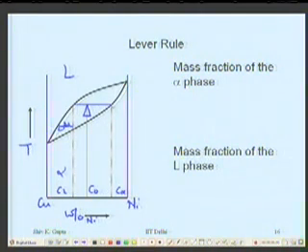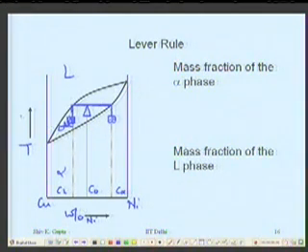So the mass of the solid phase which hangs here and the mass of the liquid phase which hangs here, they have to be in proportion to the arm of the lever which is opposite.